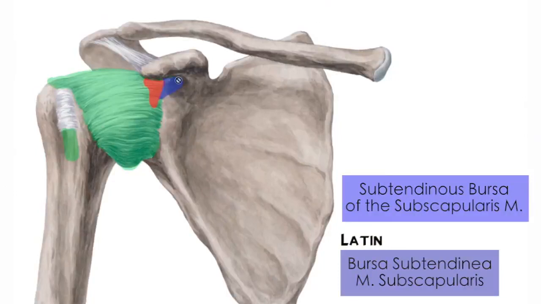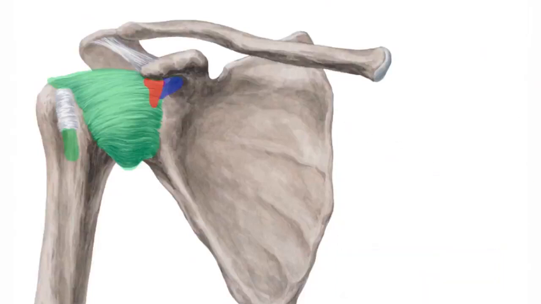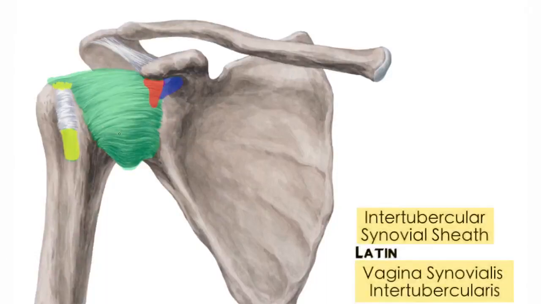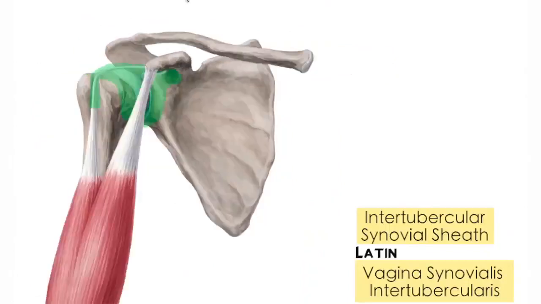So this is just beneath the tendon of the subscapularis muscle. And the next one, this yellow structure here, is known as the intertubercular synovial sac. This is surrounding the tendon of the long head of the biceps, and you can see it a little bit better on this image here.